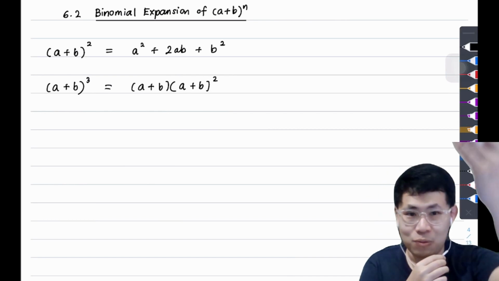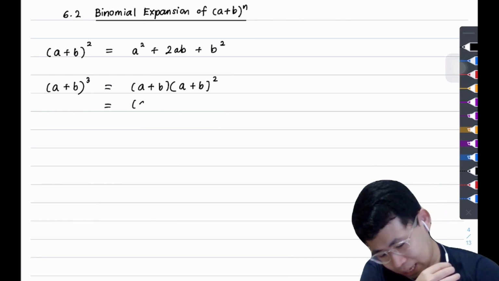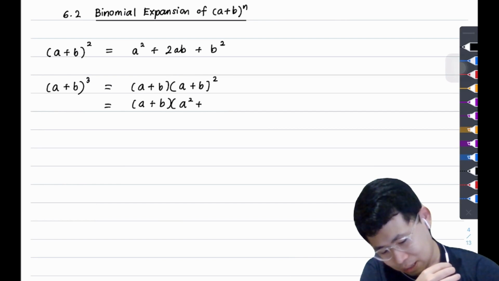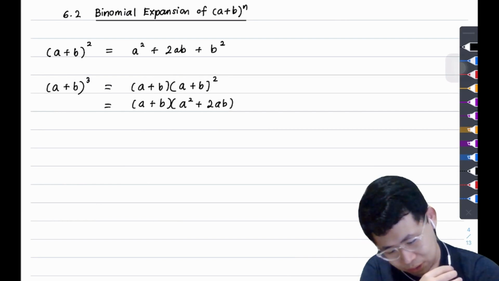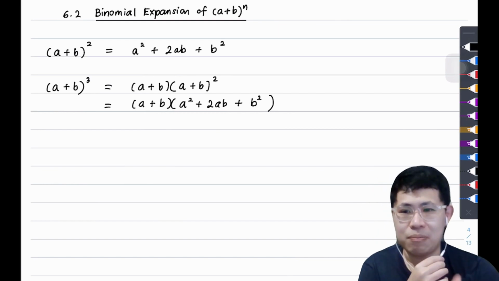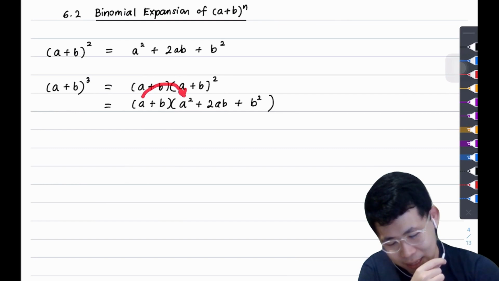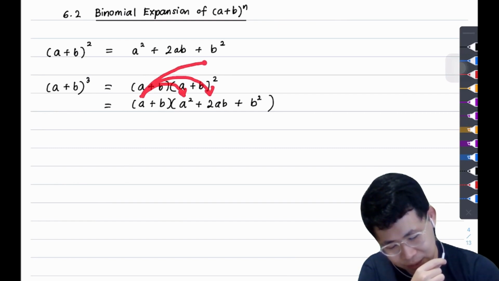We can use what we did so far and just expand from there. So it's simply (a + b) times (a squared plus 2ab plus b squared). We don't need to worry about the signs because we're just dealing with plus. So let's expand all these things.